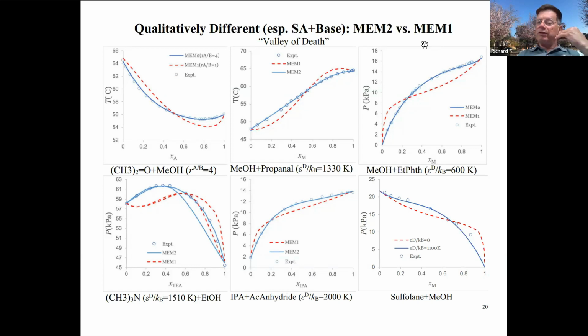But then if you try to apply it to something like methanol mixing with acetone, where it's asymmetric, you get a really bad answer. So what you need to do is go beyond that valley of death and implement the full theory in MEM2, and then you see that you actually have made a step in the right direction, but you have to make 2 steps instead of 1 to get to the correct answer.